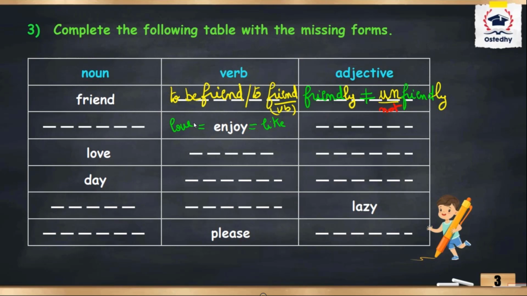If you want to rank them, I will say like, then enjoy, then love, then adore, then be crazy about. So you have a number of synonyms that you can use to express your likes.